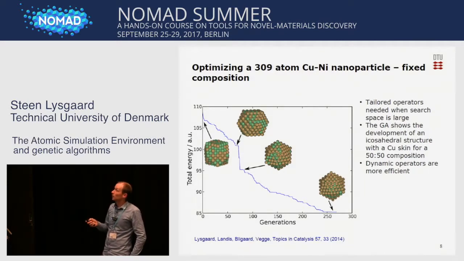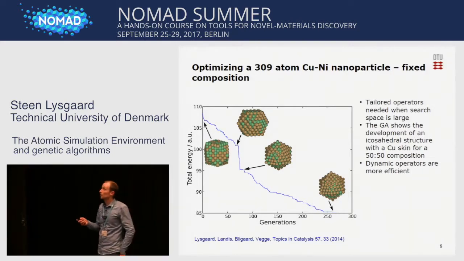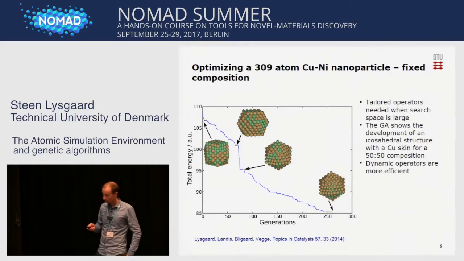It goes down in energy, and at some point this geometrical relaxation takes care of changing the structure from cuboctahedral to an icosahedral structure, which is lower energy. And then the ordering of the atoms takes the rest of the time, so that all the copper is at the surface and the nickel is in the core.